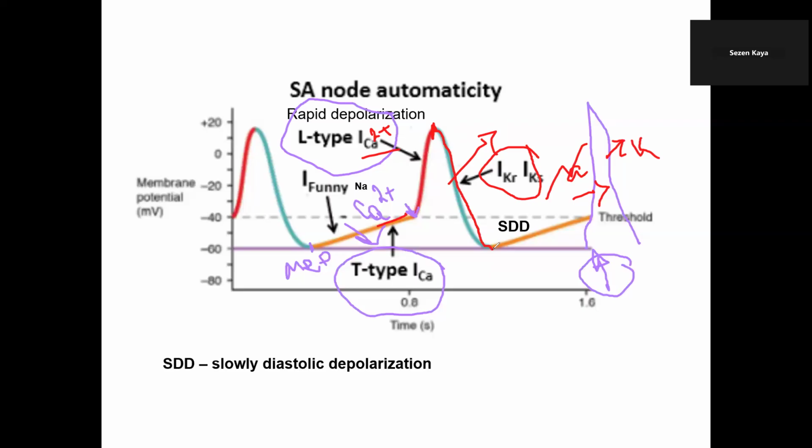When repolarization reaches the level of the MRP, the rest potential, the T-type calcium channels and funny sodium channels automatically open again, and depolarization automatically starts again. This is the way of automaticity of our heart, because of specific calcium channels.